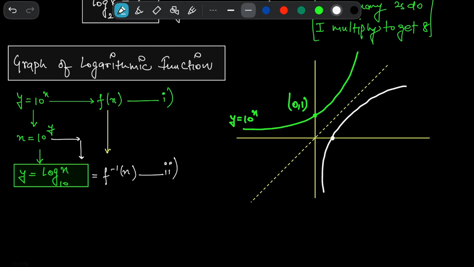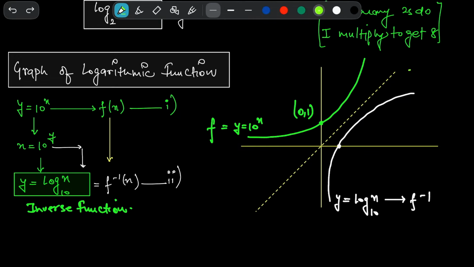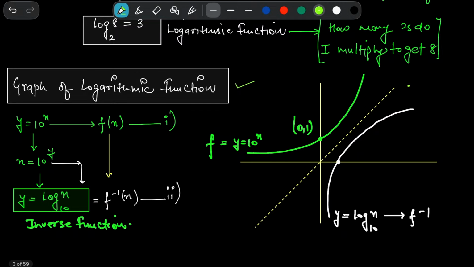Here I can say that this white colored graph is y equals log x with base 10, and this graph is the inverse of the original graph, that is f. After understanding the graph of the logarithmic function and how to convert a logarithmic function to an exponential function, we will go through some basic details of logarithm with base 10.